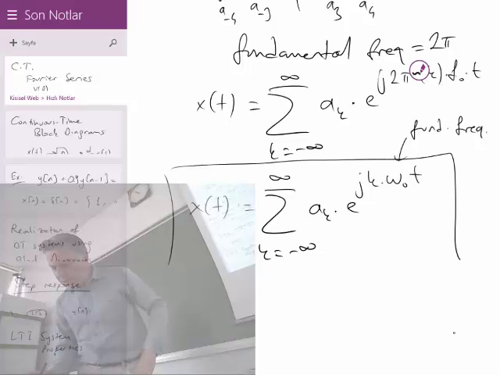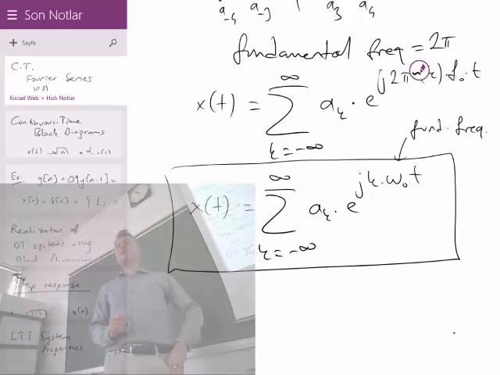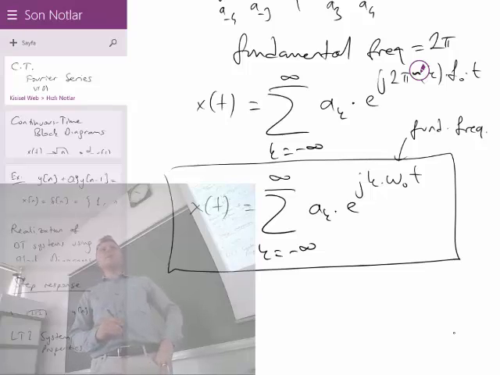And this is a necessary condition, and it makes the life of Jean-Baptiste Fourier even worse, because he not only claims that it's a combination of harmonics, but he also claims that it's a combination of harmonics at integer multiples of the fundamental frequency. This k is not arbitrary, they are all integers. So it's even more difficult to prove this, but that's the case.